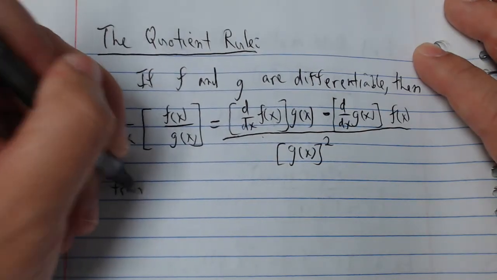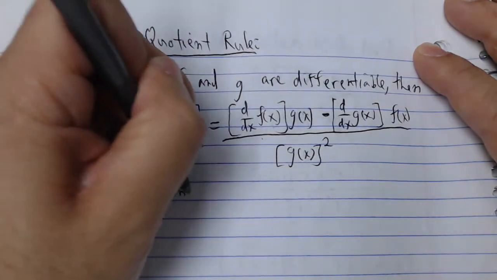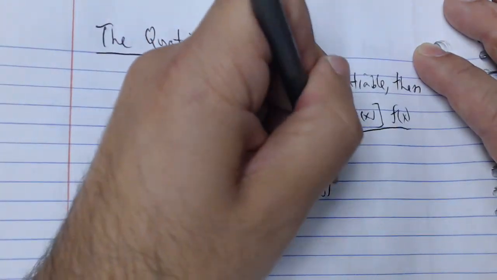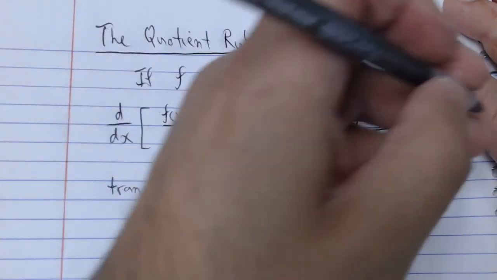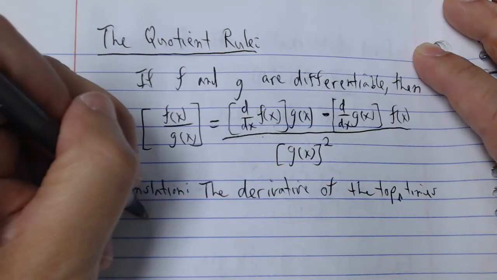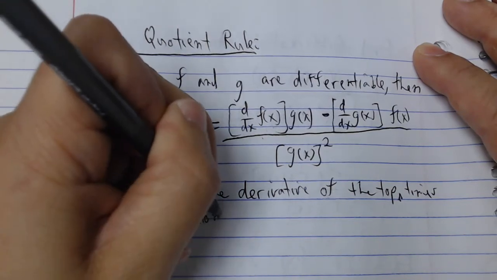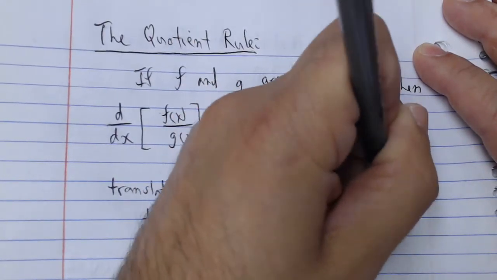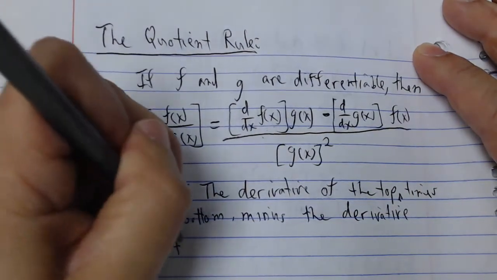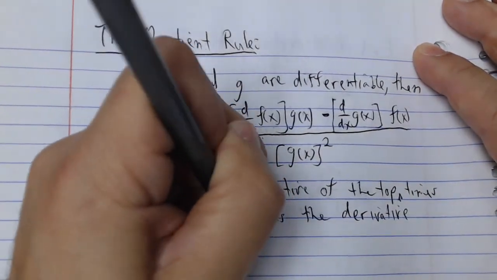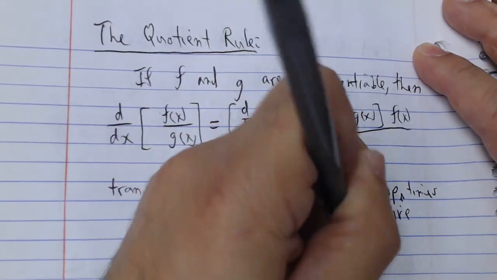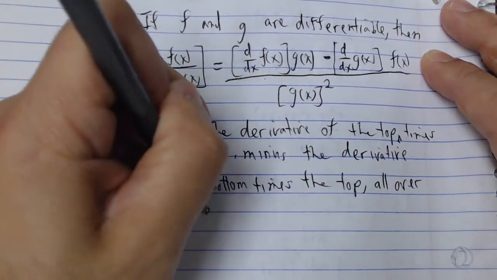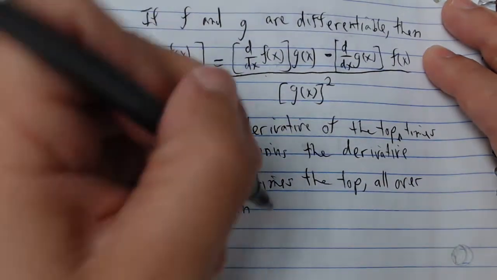So the translation here is the derivative of the top times the bottom minus the derivative of the bottom times the top, and then all of this all over the bottom squared.